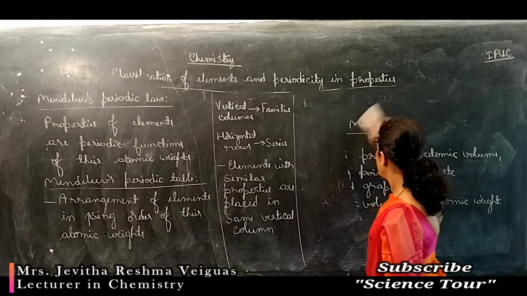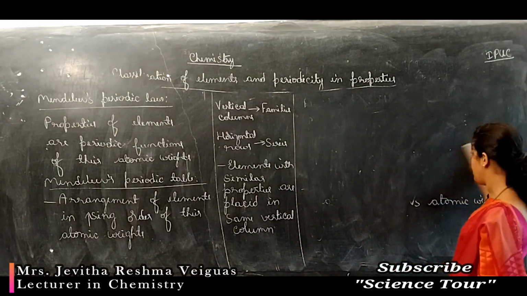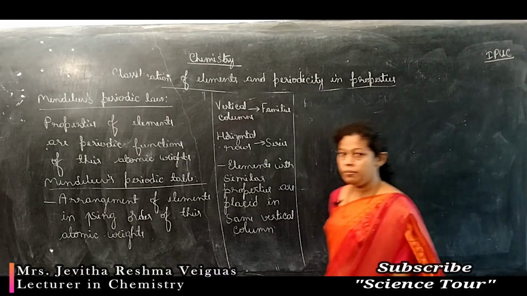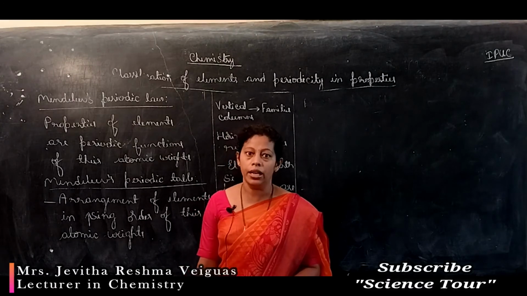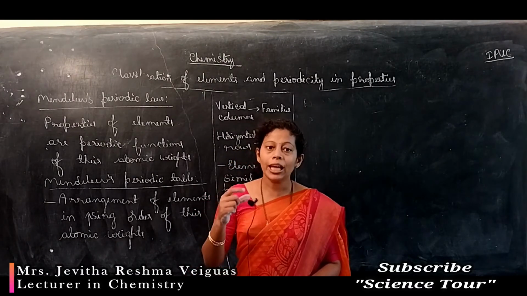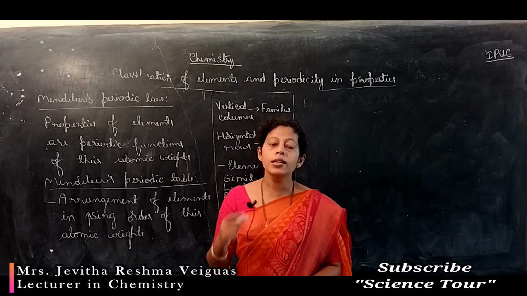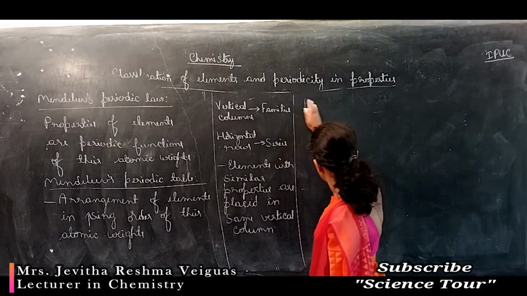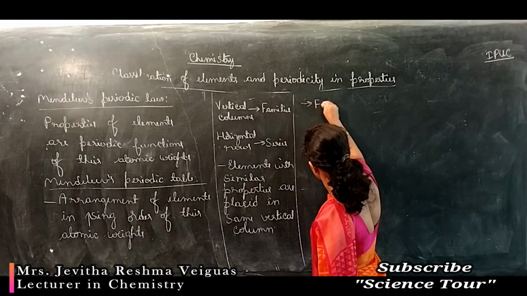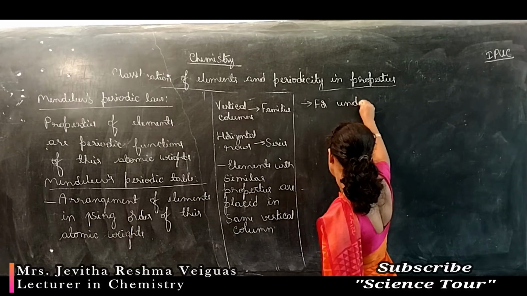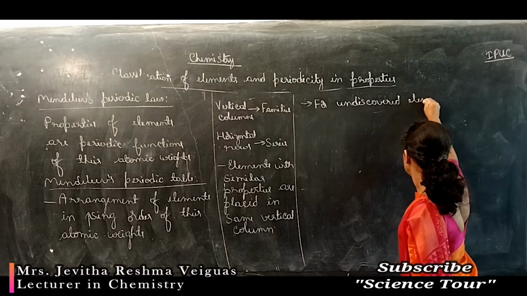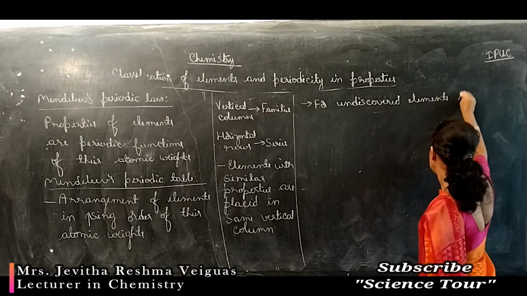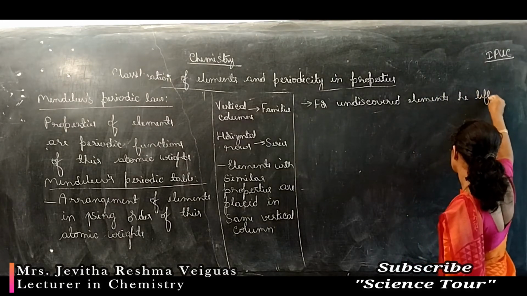Mendeleev placed the 63 elements that he had. At the same time, he predicted that there are some undiscovered elements, for which he kept space in his periodic table. So, for undiscovered elements, he left space.